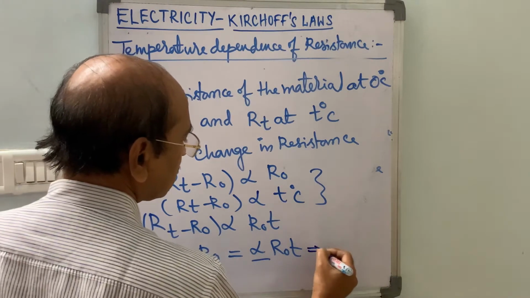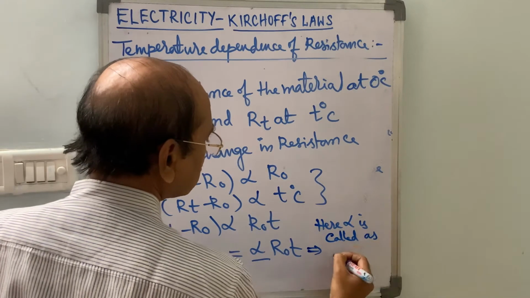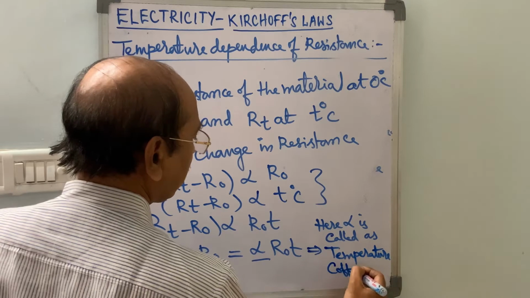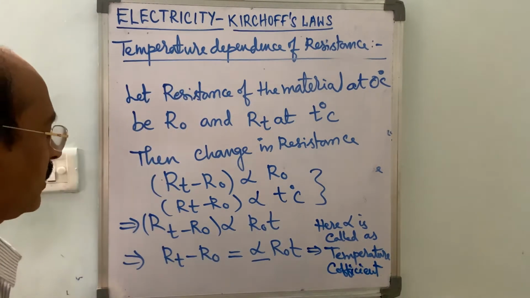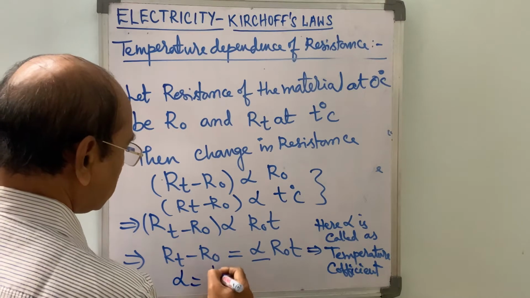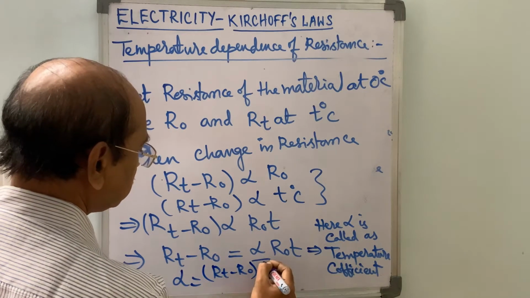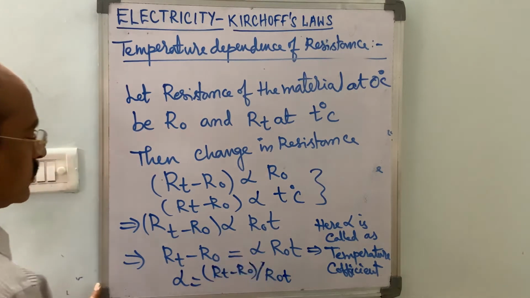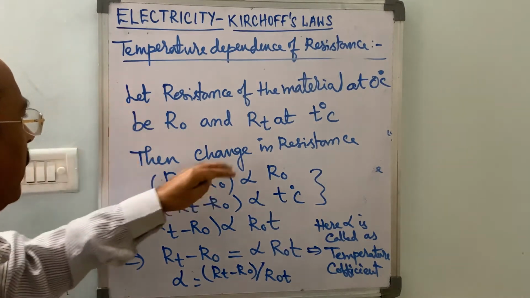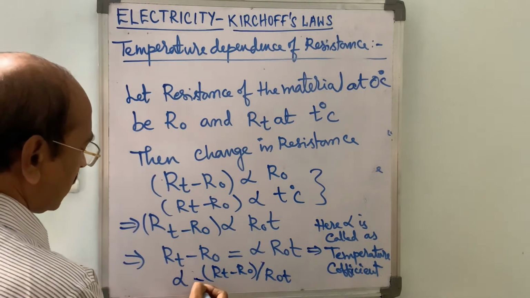Here alpha is called the temperature coefficient of the material, and alpha is equal to RT minus R0 by R0 T. This alpha is positive in the case of metals, and in the case of insulators and semiconductors, the alpha value is negative.